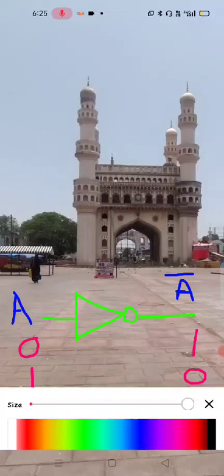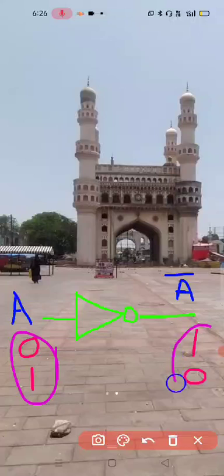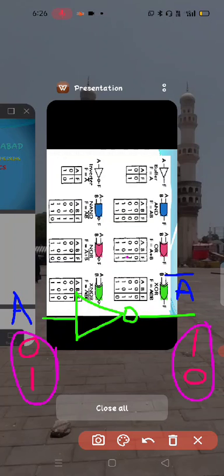These are the inputs and these are the outputs. So this is the NOT gate. Now the truth table, let me check.